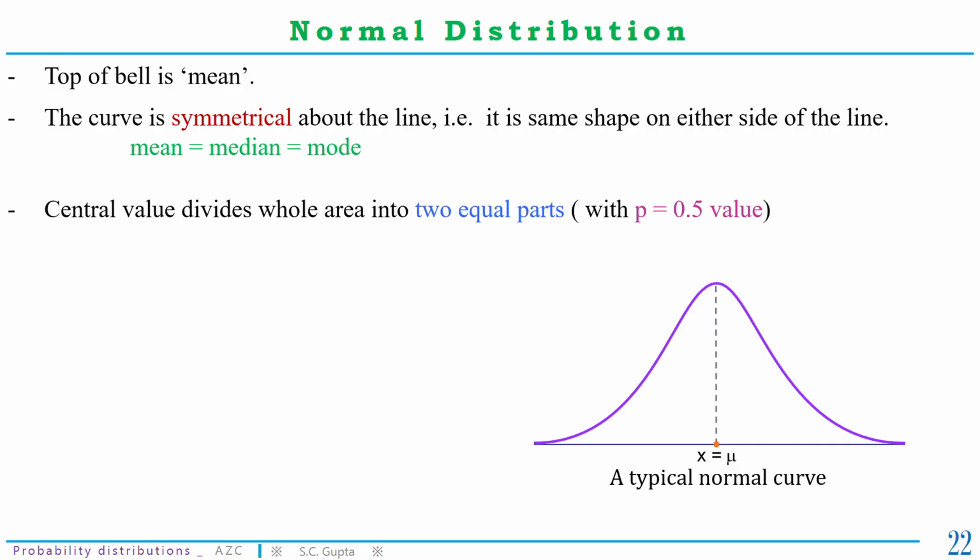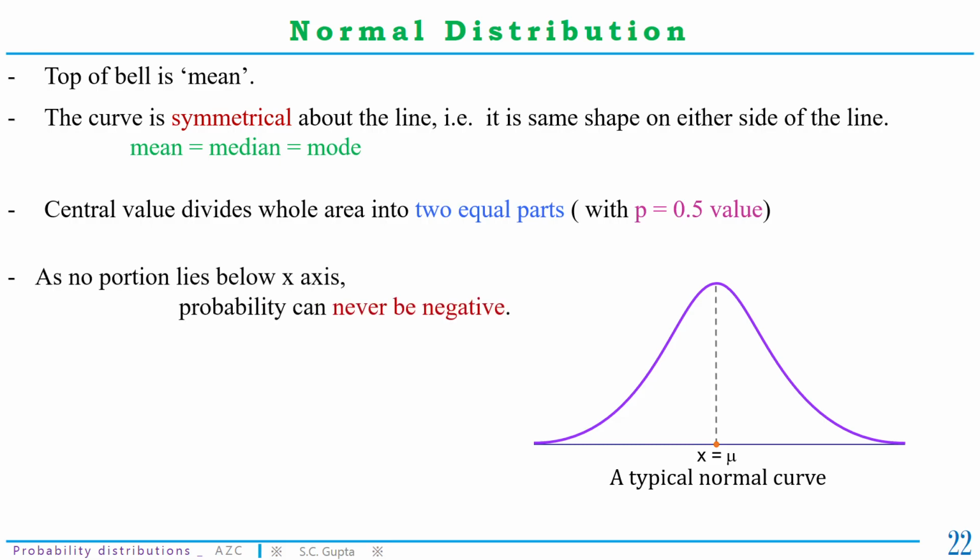Central value divides the whole area into 2 equal parts, with p equal to 0.5. As no portion lies below the x-axis, probability can never be negative.